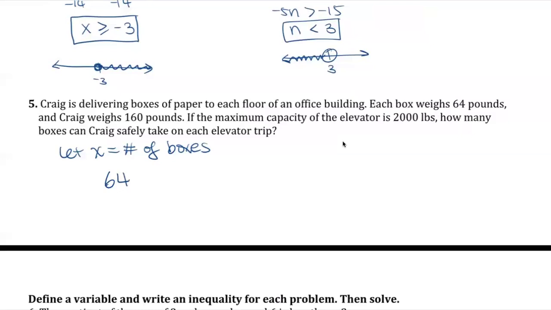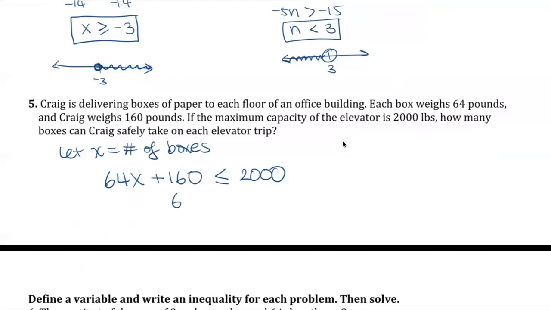Each box weighs 64 pounds, so 64 times the number of boxes is how much the boxes weigh in total, plus Craig himself, and I need that to be less than or equal to 2,000 pounds. The reason I'm using less than is because it doesn't have to be exactly 2,000 pounds for that elevator to work. It'll work as long as it's 2,000 or less pounds.